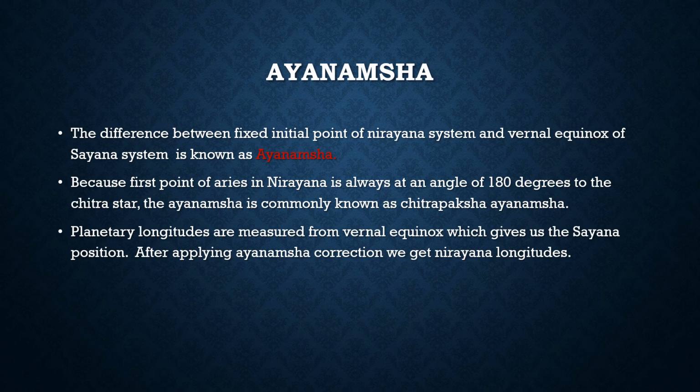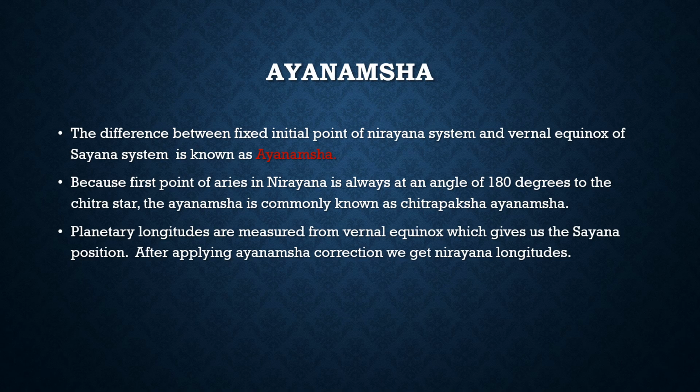Remember, the first point of Aries in the Niryana system is always at an angle of 180 degrees to the Chitra star. That's why Ayanamsha is also referred to as Chitra Paksha Ayanamsha, because we are always talking in reference to the star Spica, which is in Chitra Nakshatra.